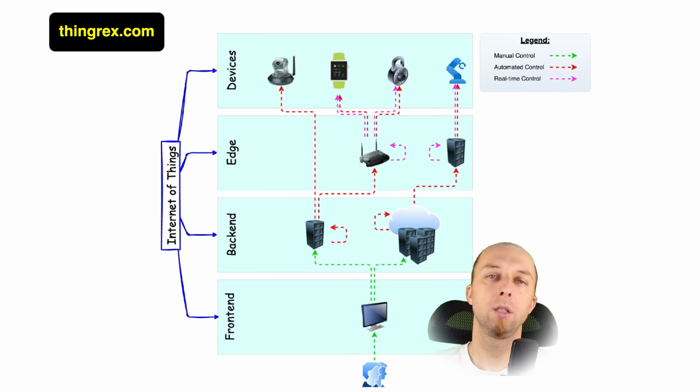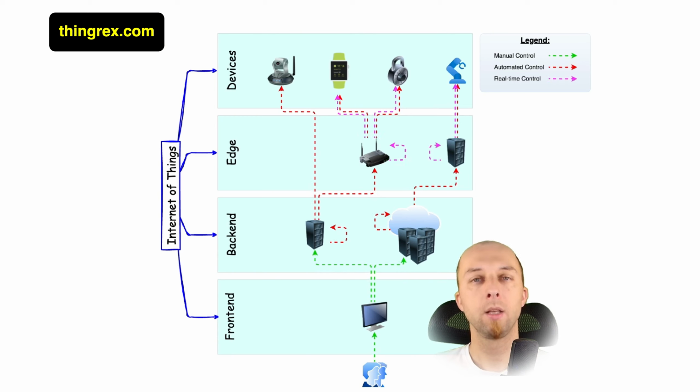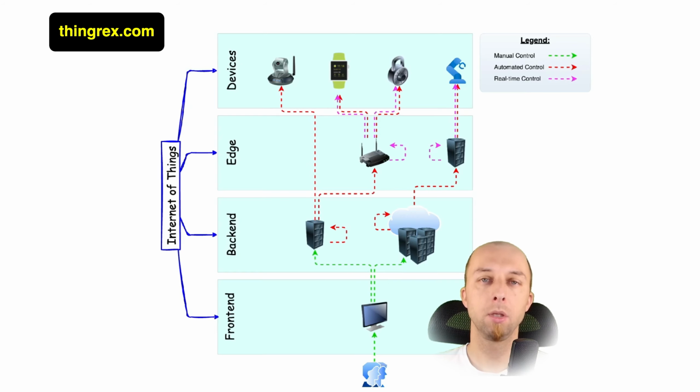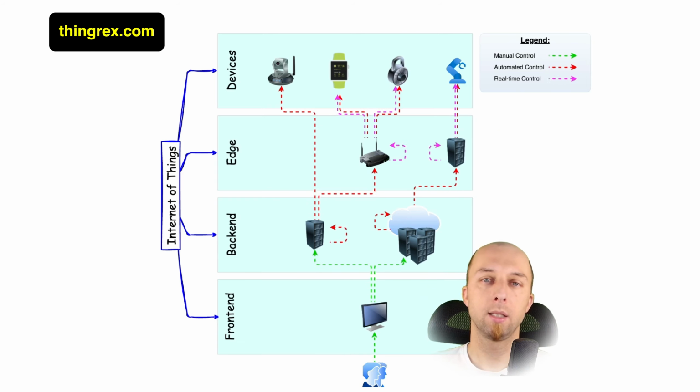In order to fix that issue, we can implement the edge processing. So we deploy the processing logic all the way to the edge gateways. Edge gateways are connected to devices using local network. So even if the connectivity between the edge gateway and backend system is lost due to internet outage, edge gateway still can receive, process, and take actions based on data received by devices.